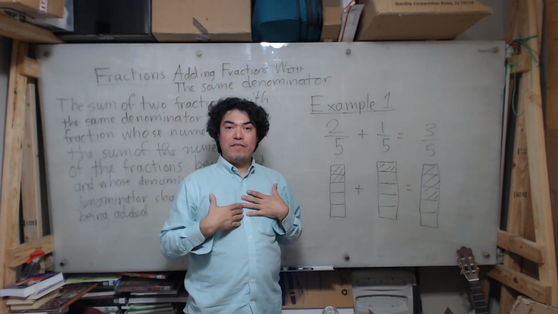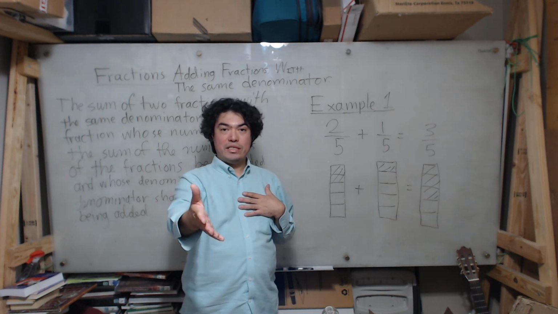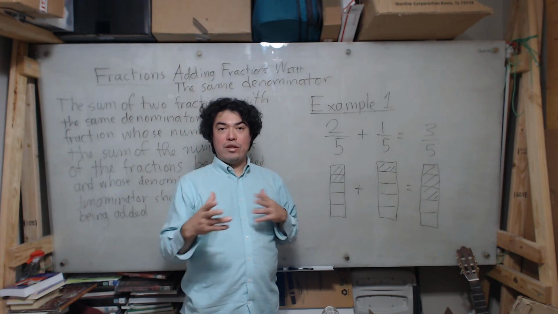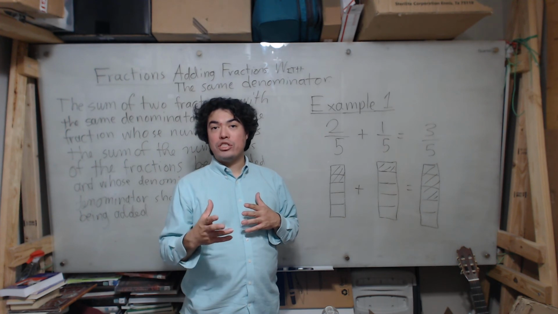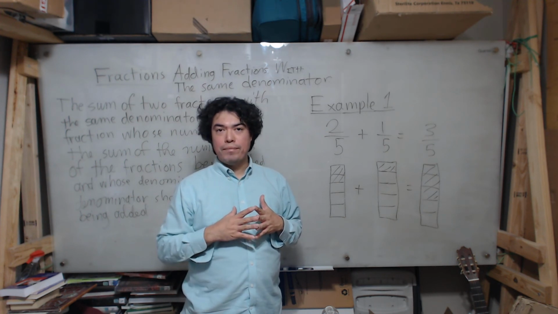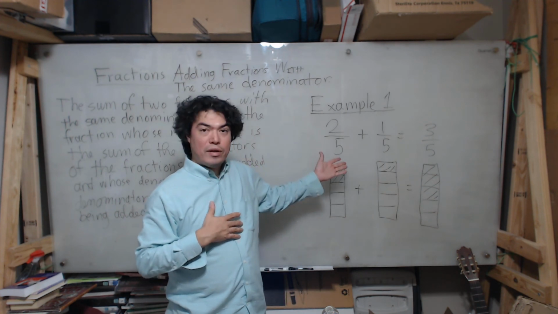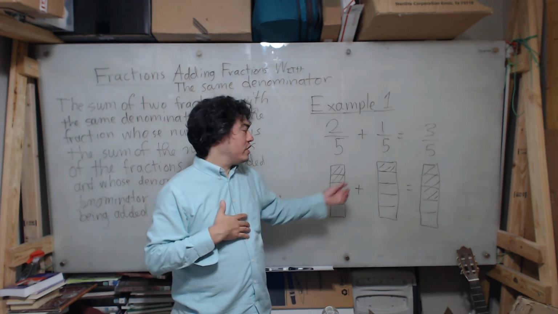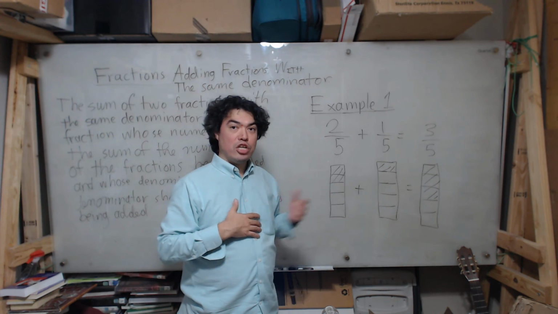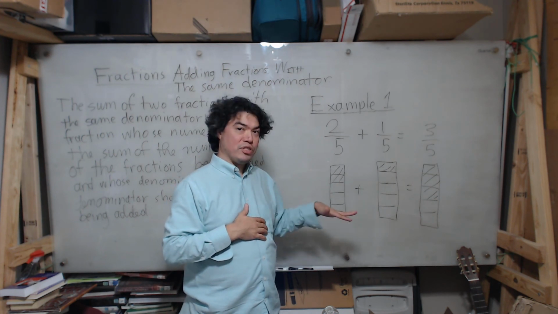So one slice of mine is not the same as one slice of yours. We wouldn't be able to add fractions with different denominators so easily. And in fact, soon we're going to learn how to do that. But when they have the same denominator, they're the same size, we can just count them together. And that's the logic underlying this procedure.